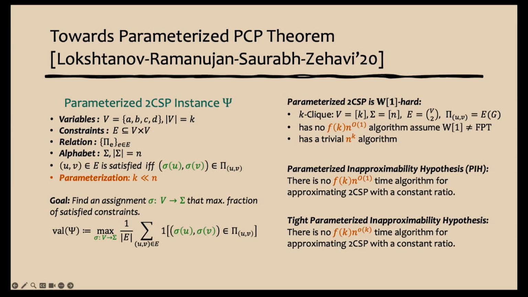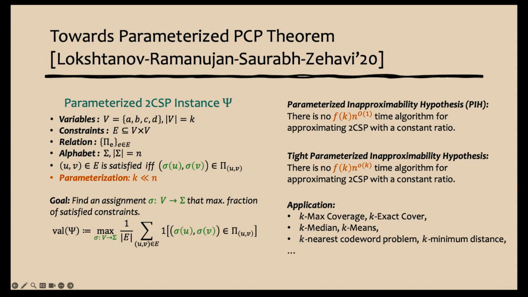We also have a tight version saying that we need to rule out every algorithm with running time f(k) times n to the little o of k. The parameterized PCP theorem also has wide applications in the parameterized world, for example k-max coverage, k-exact cover, geometric problems such as k-median and k-means, and coding problems like k-NCP and k-MDP.